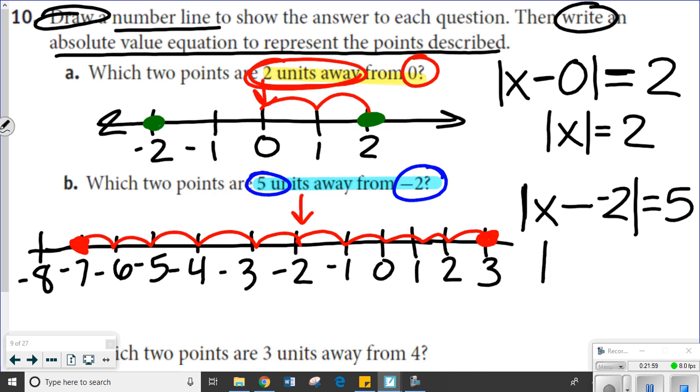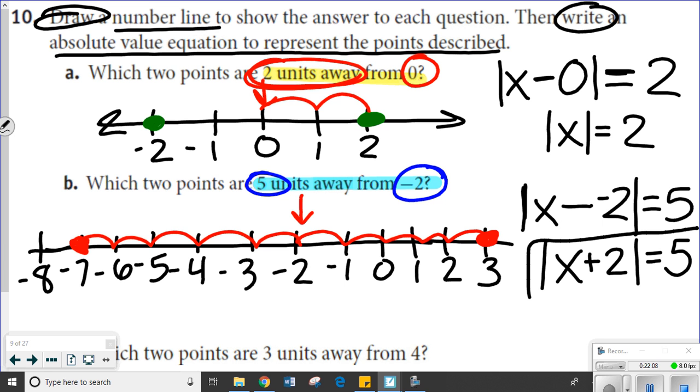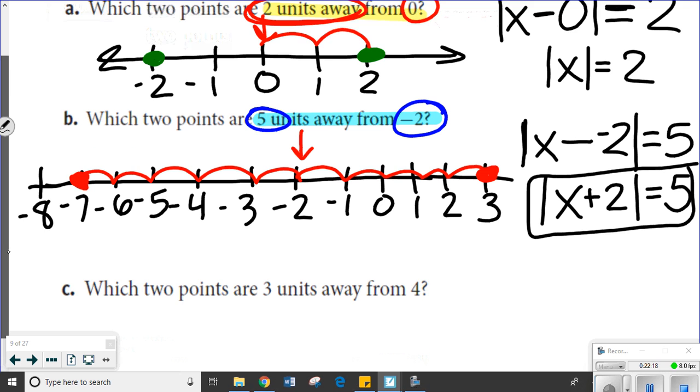But we know that 2 negatives make a positive, so we turn this into x plus 2 equals 5. That's my equation. My answers to that equation are -7 and +3.